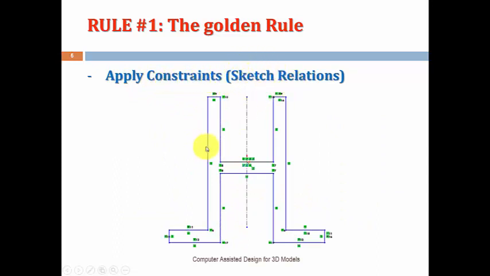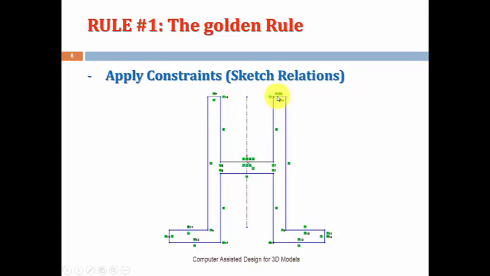In other words, what is the relationship between, for example, this line and this line? What is the relationship between this line and this line? Obviously, we need a perpendicular relation. Also, I need this line to be aligned horizontally with this line, and this segment is equal to this segment.